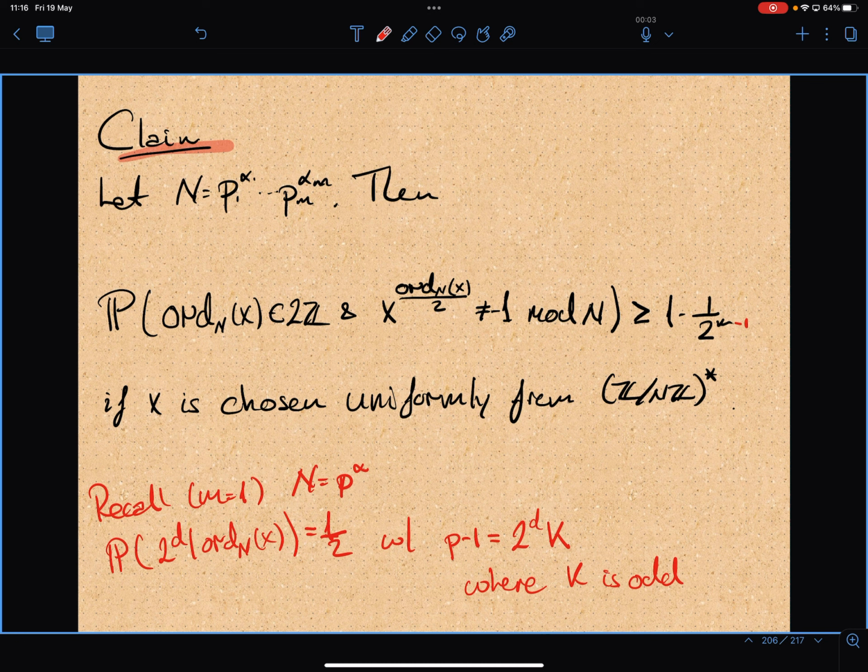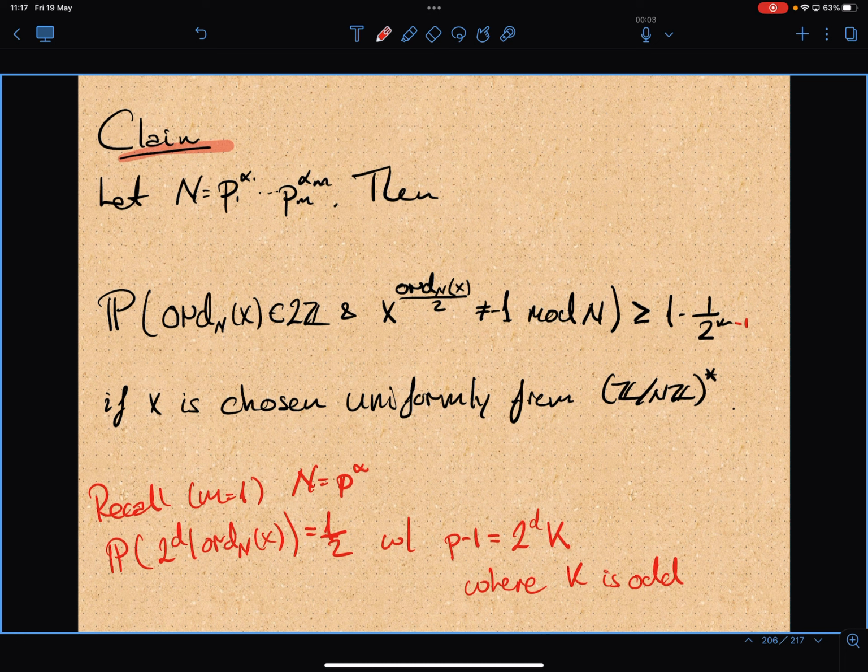So the statement is, in here, we definitely have that for m equals 1, with probability greater than or equal to 1/2, the order is going to be even, and we wanted that x to the order divided by 2 is not equal to minus 1.